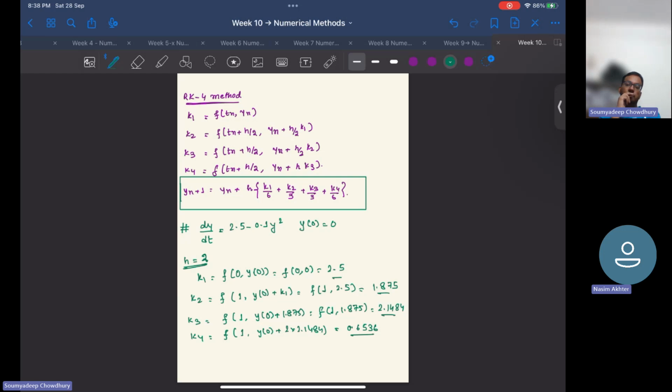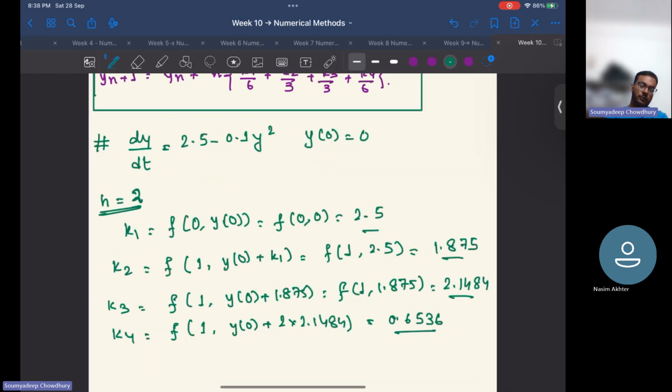And in the RK4 method, is it just for one step? No, it is not for one step, it is one step size, because we took h equal to 2 here. If you had taken a lower value of h, say h equal to 1, then we would have to do 2 steps, because 0 to 1, 1 to 2.